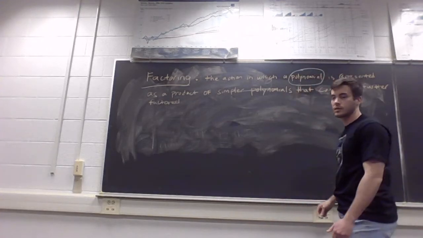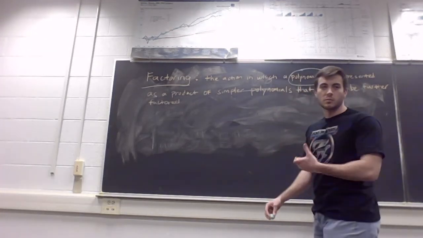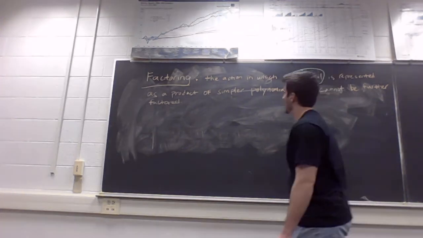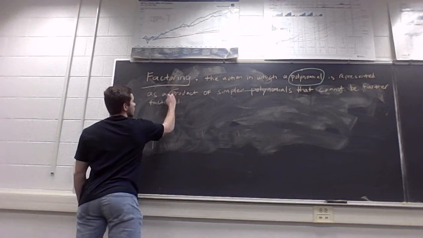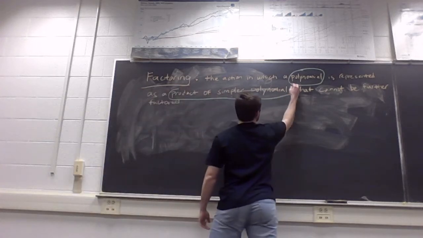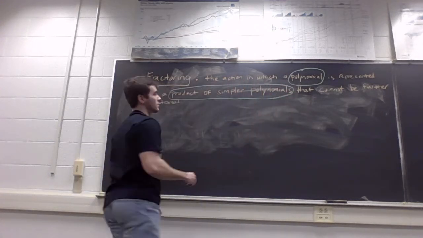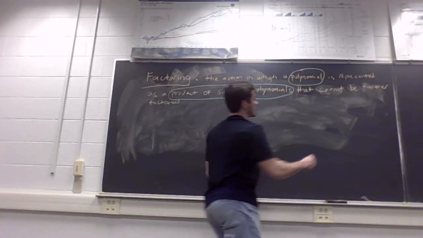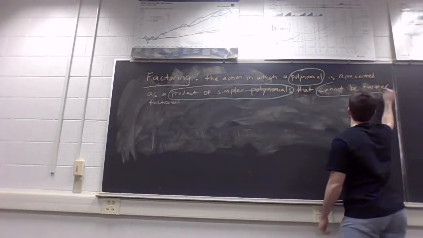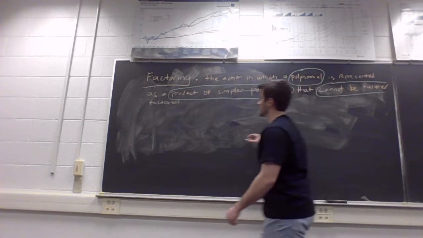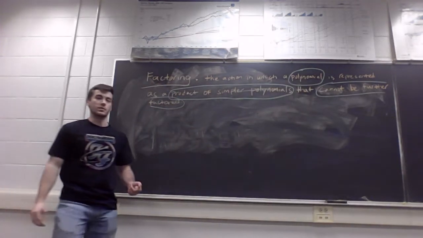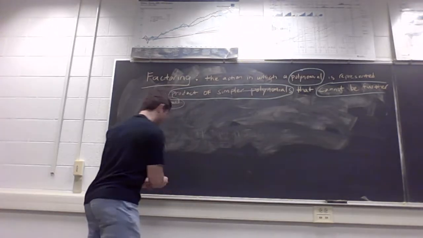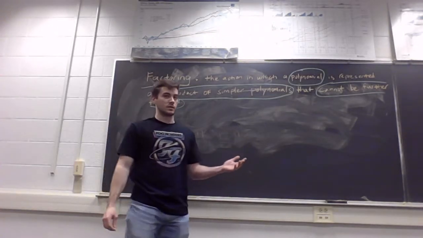That's our basis, that's what we're starting with. And then we're representing our polynomial as a product of simpler polynomials. That's also pretty important. And also this last part, they cannot be factored further. So we're going to talk about what each of these means independently, and then we're going to talk about their relationship with each other too. And then we're going to eventually form our own definition.